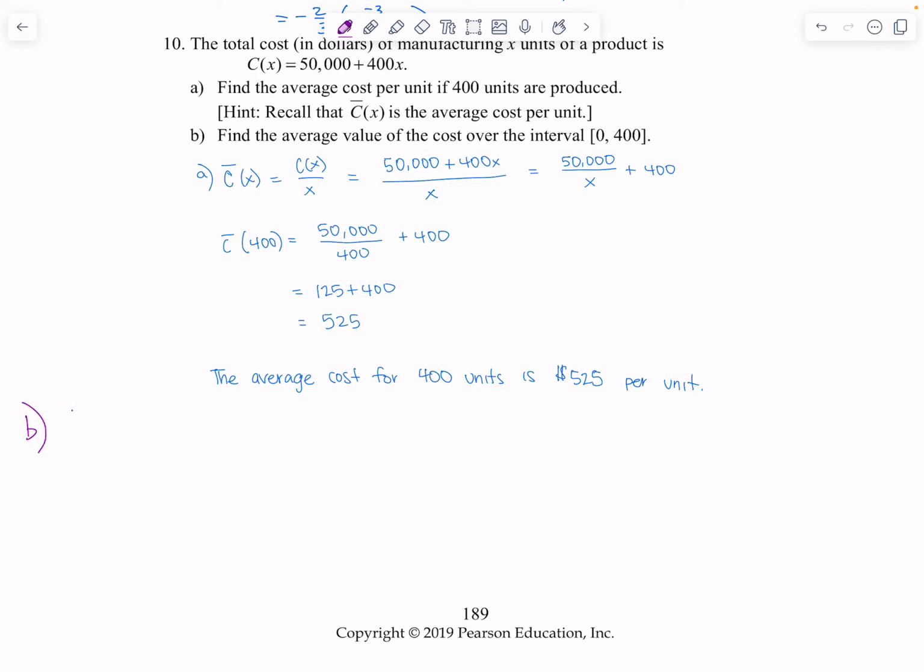So we'll be using 1 over b minus a times the integral from a to b of f of x dx, which is going to give us 1 over 400 minus 0 times the integral from 0 to 400 of 50,000 plus 400x dx.